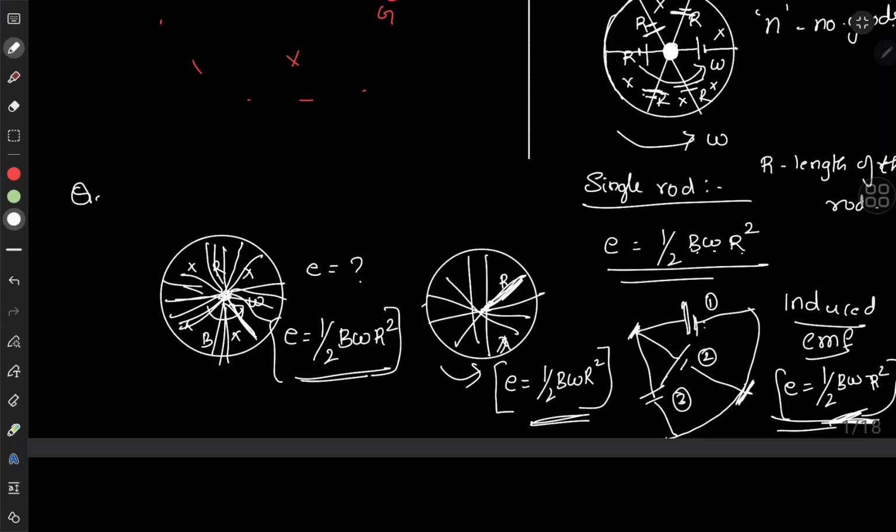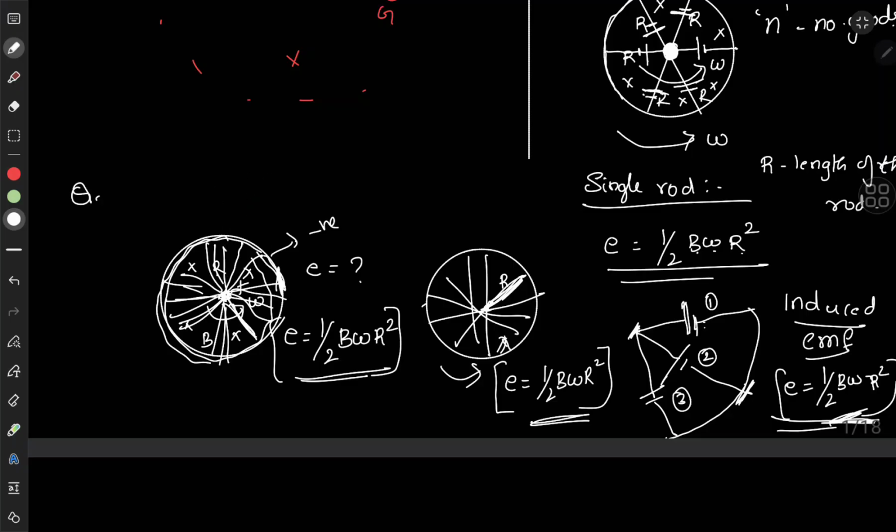But in the center we have to know that it is going to be the positive terminal, and on the circumference of this ring, on the edge of this disk, it is going to have the negative potential. So the center is having positive potential and the edge is having negative potential. If you measure the potential difference, definitely the current will flow if you connect any resistor across this.